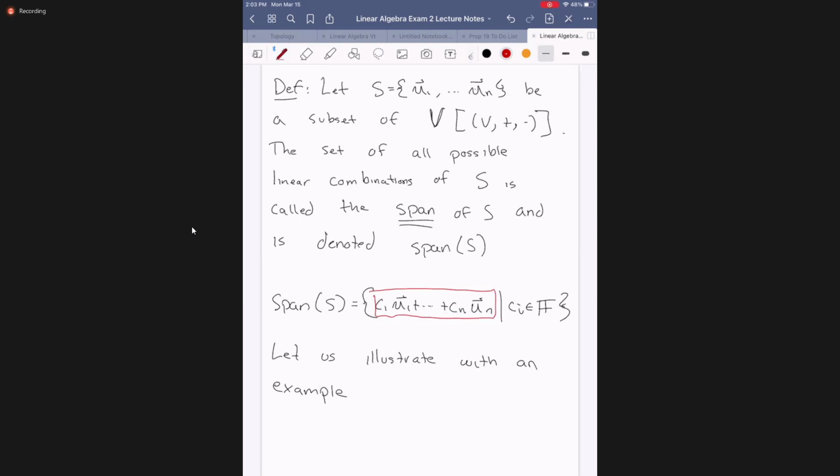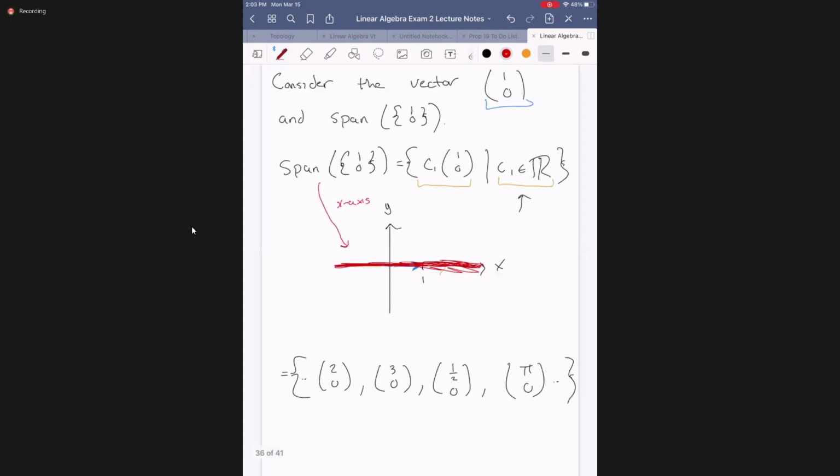And then we talked about something called the span, the set of all such linear combinations. You combine them by adding and multiplying scalars, get all the possible combinations, put them in a set, and that is called the span of a set of vectors, right?